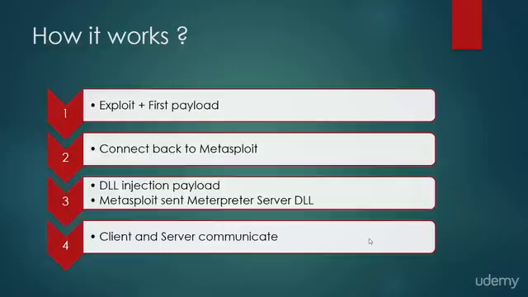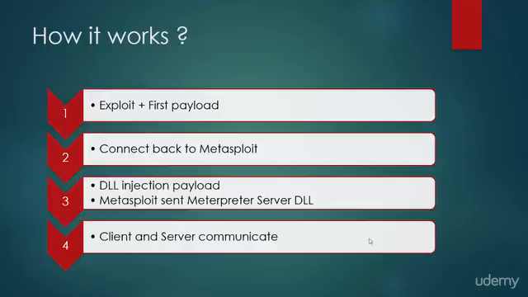Let's look at how it works. First, when we send the exploit to the target machine, we send a first payload. It's a shell or something else, and when this exploit is successfully triggered, the first payload executes and connects back to the Metasploit framework.